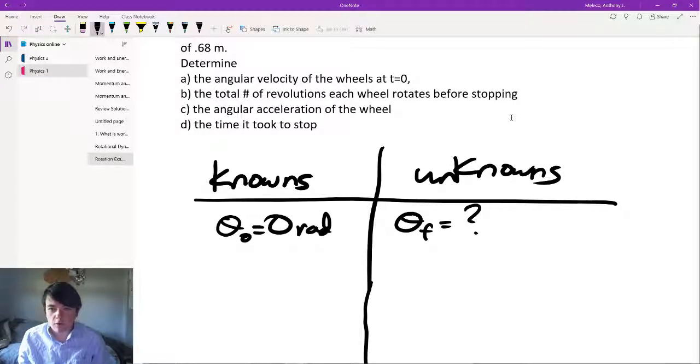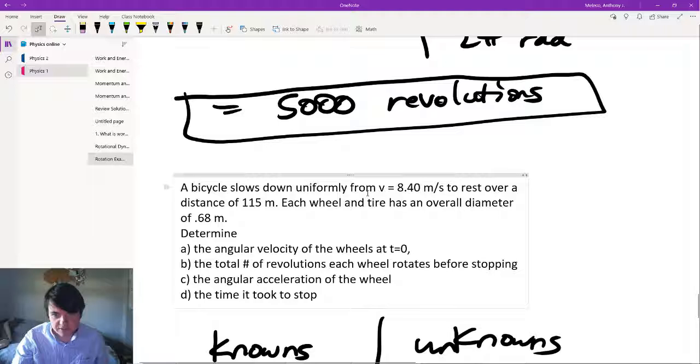So we don't know our final distance yet, but it'll relate to it through the radius. Omega, we actually don't know our initial omega. If you see here, a bicycle is slowing down uniformly from this linear speed.